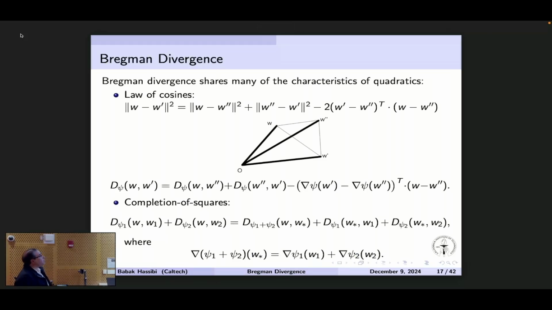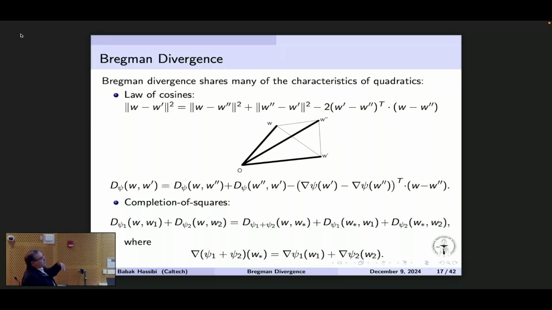More importantly for me, there's a completion of squares, similar to what happens for quadratics. If you have 2 Bregman divergence terms, there's a W here and a W here. With quadratics, when you do completion of squares, what you like to do is bring these 2 variables together under one quadratic and then have the leftovers. For Bregman divergence, there's a formula similar to that. You get the Bregman divergence for the sum of these 2, where W sits here.